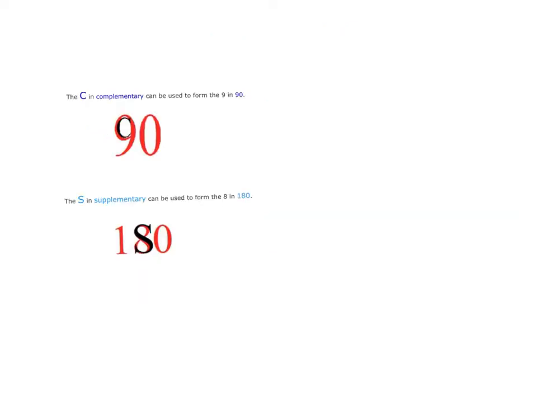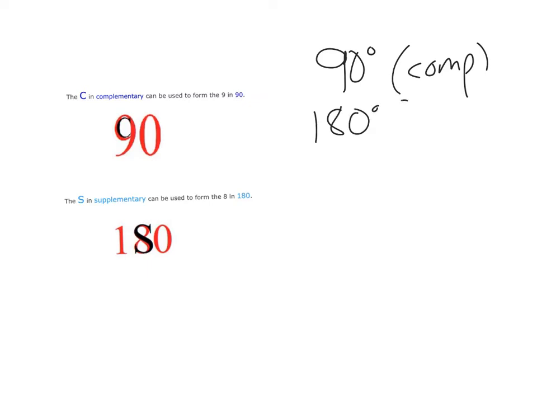Now we're going to get, oh, sorry, I forgot about this one. I have noticed in the past that sometimes students get supplementary and complementary mixed up. The thing that I typically do is I think in terms of 90 being a smaller number than 180.